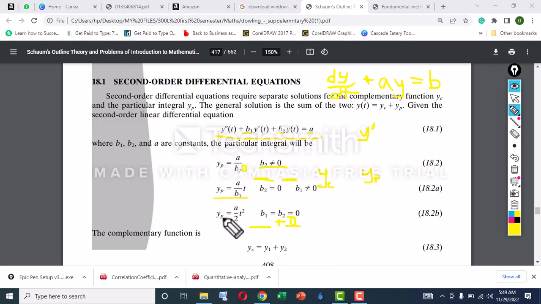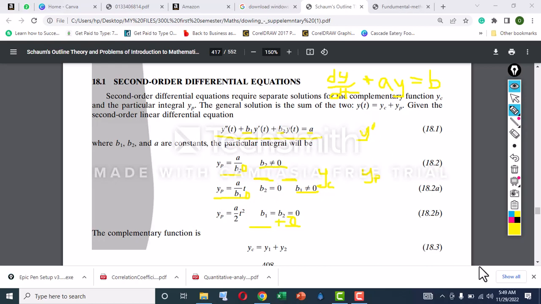So you don't need to use the 3 formulas at the same time in one question. No, just need one of them. So if b2 is not equal to 0, which is mostly the case, you use this. But if it is proven stubborn and it is equal to 0, you are going to use y of p equals a over b1 t. This one has t. That's also if b1 is not equal to 0. If b1 becomes 0, this will also be funny.